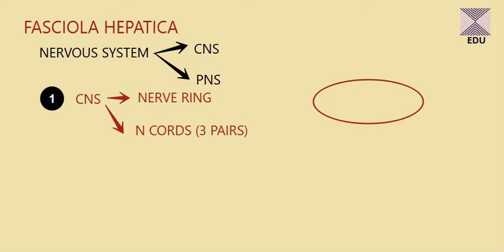So this nerve ring has, again, two components. The first component is two cerebral ganglia, and the second component is one ventral ganglion. So this is a single ganglion. If we have to draw this particular structure, it can be drawn like this.